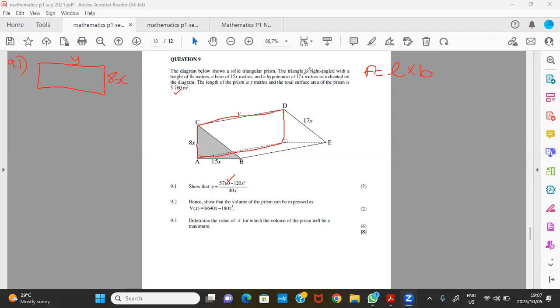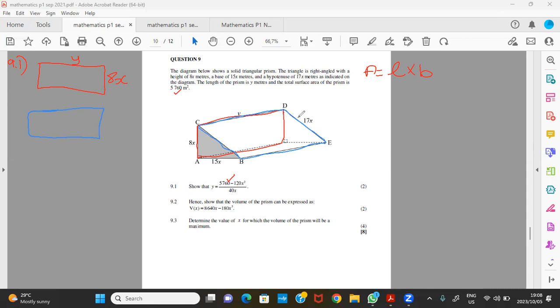Then let's look at the second rectangle, which is basically the front of my shape. This is a rectangle again, but they have different areas.